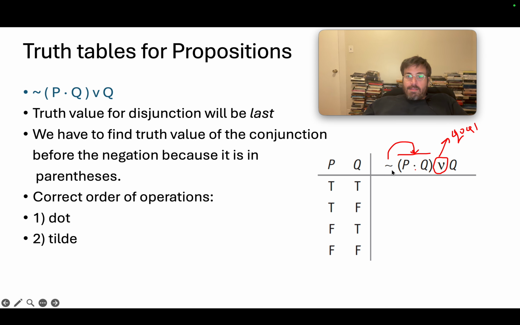Then we find the values for tilde because it is a negation of dot. Then we can find the values for wedge. All right. So that is the correct order of operations. And once we have the values of wedge, we have discovered the truth value of the sentence as a whole. All right. So I will show you in a moment how to do this.